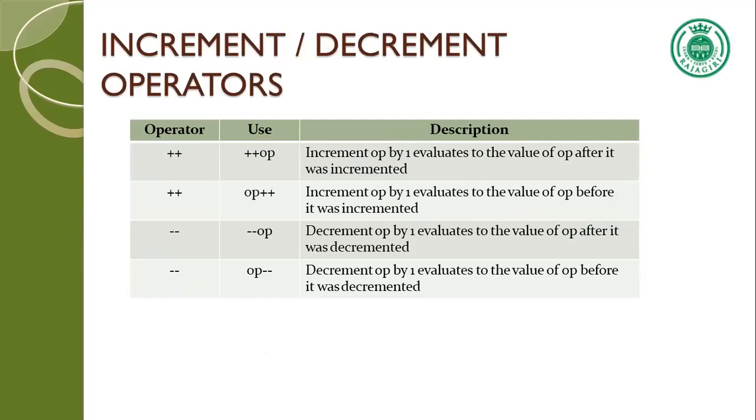As we already know, plus plus OP, the OP value is incremented by 1 and it is evaluated after it was incremented. And OP plus plus, it is evaluated before OP is incremented. Similarly, we have the decrement operators, minus minus OP and OP minus minus. These are similar to the increment and decrement operators we used in C and C++.